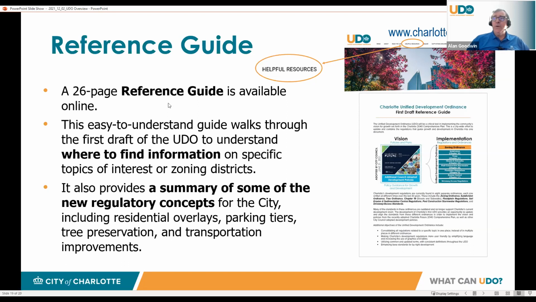It is what we hope is an easy to understand guide that will walk you through the different elements of the first draft of the UDO, let you know what's in each of the articles, where to find the information that you need, and we'll also give you a little bit of information on some of the new concepts that we have introduced in the UDO, including some of the residential overlay districts, a different way of addressing parking through a tier system, parking tiers, some new tree ordinance, tree preservation regulations, and transportation improvements.